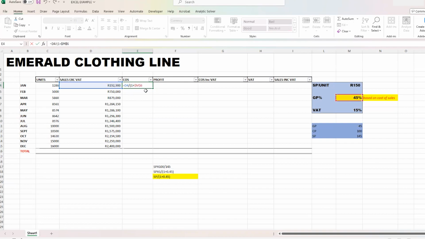So M6 is being locked because the 45% must remain like that. And then I close this. Right, I'm sure you understand where I got this figure from. Once I'm done there, I'm going to press enter, and then I'm going to bring this down.